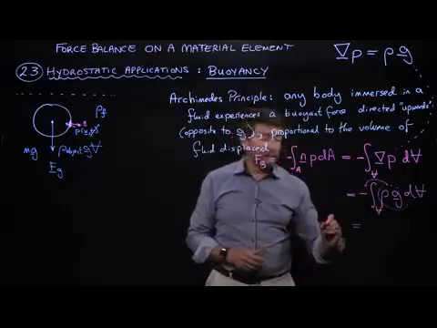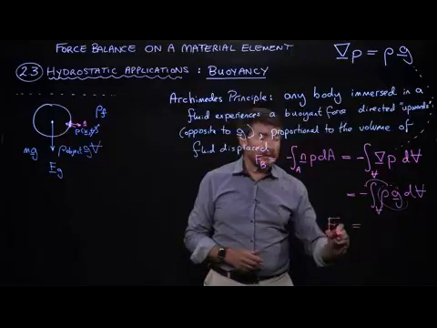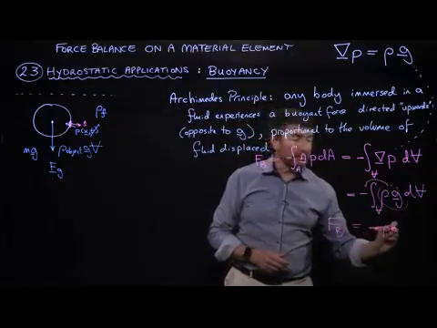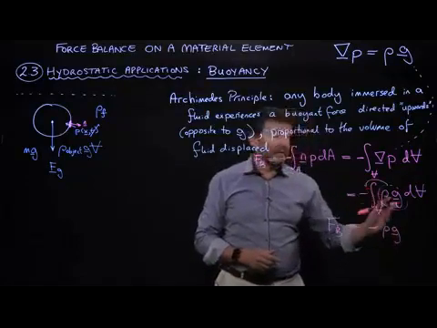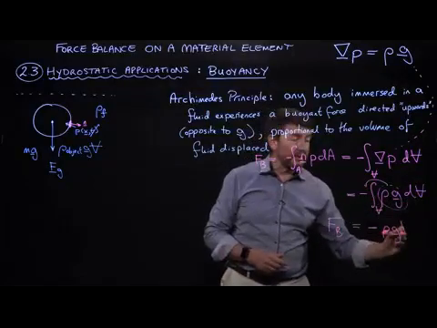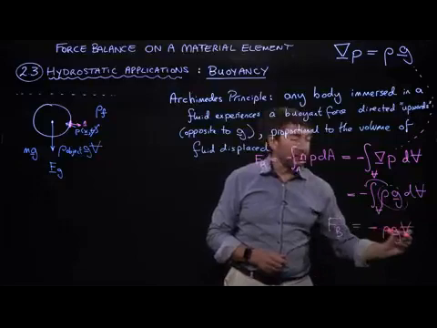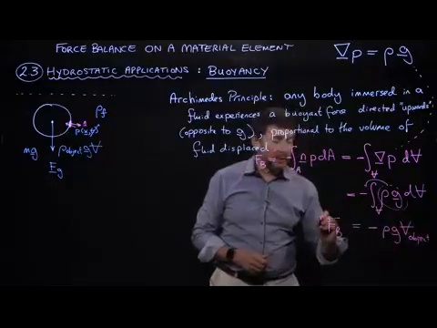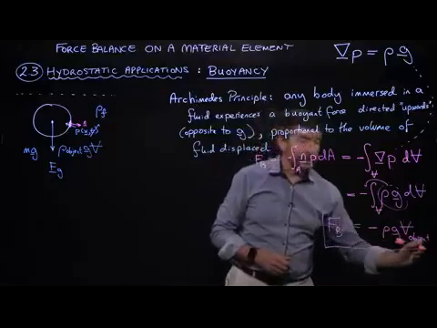And so our buoyant force is indeed directed opposite to gravity. And it's the integral of 1 dV, so it is indeed just integrated over the volume of the object. And this is our expression for the buoyant force.